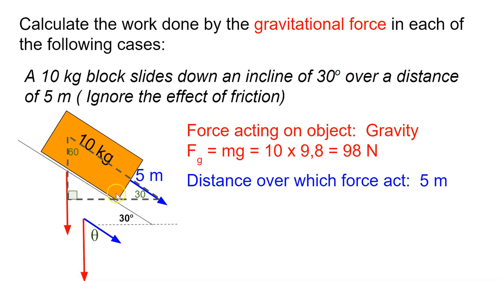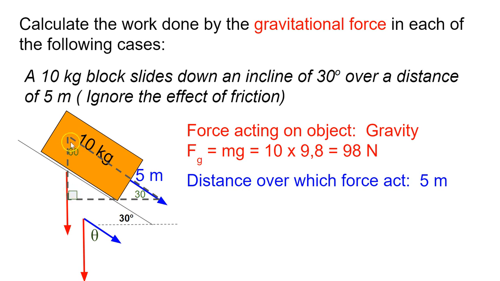Well, if we complete this triangle over here, we know that the angle between horizontal and vertical is 90 degrees. They've told us that this angle between the incline and the horizontal is 30 degrees, and we know that the three angles of a triangle together must give us 180 degrees. So there we know 30 plus 90 is going to give us 120 degrees.